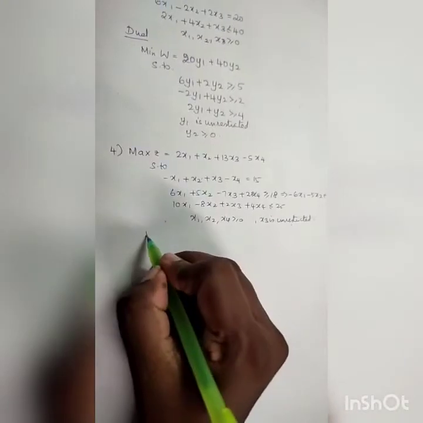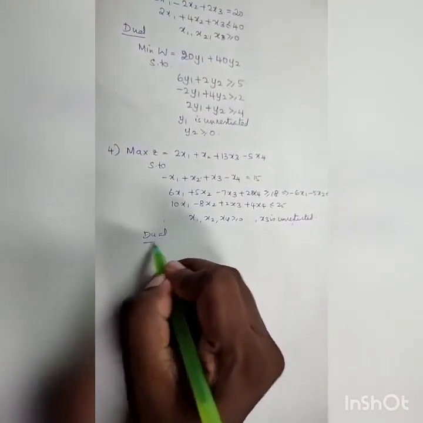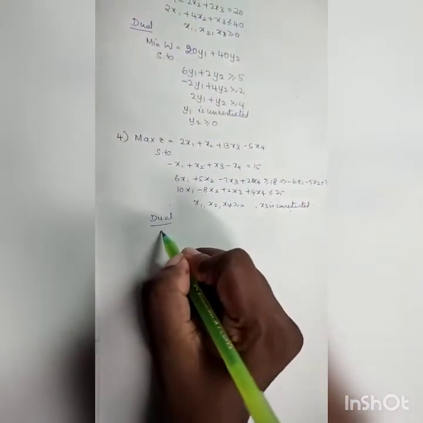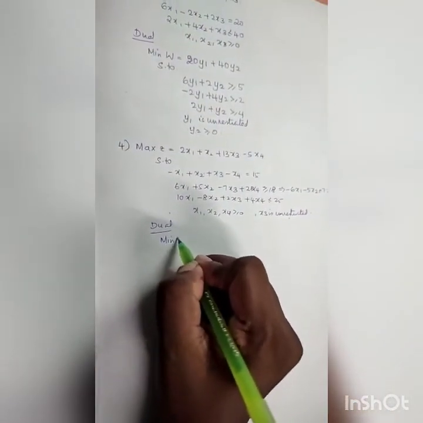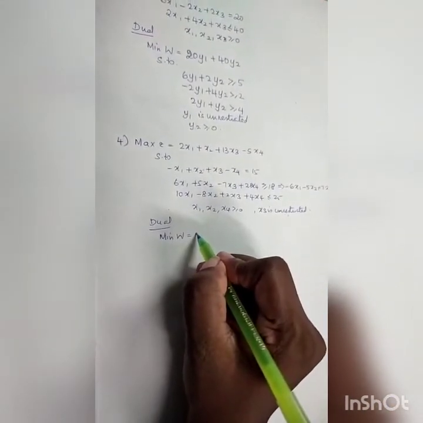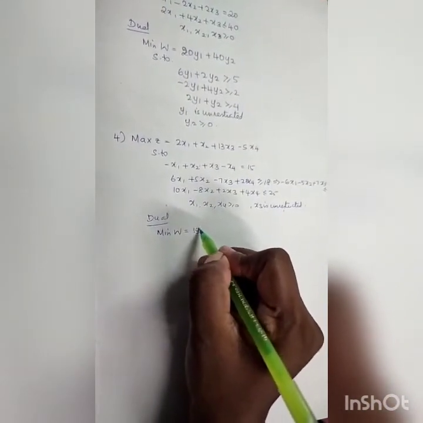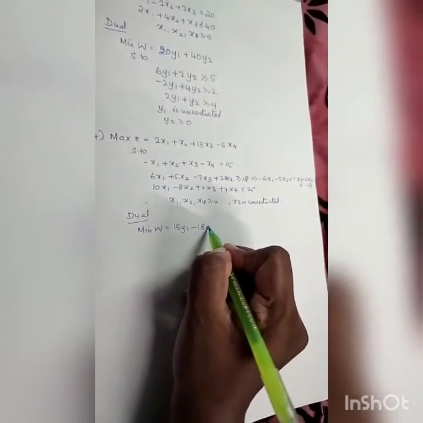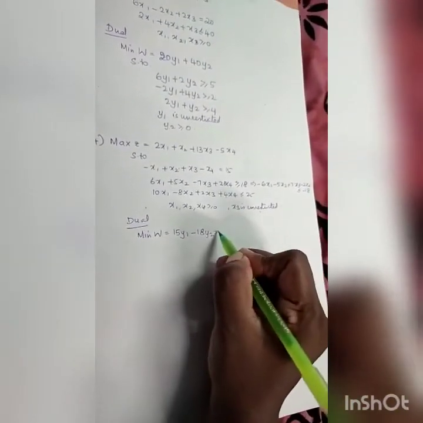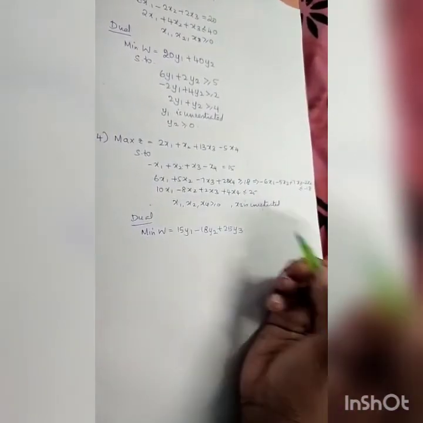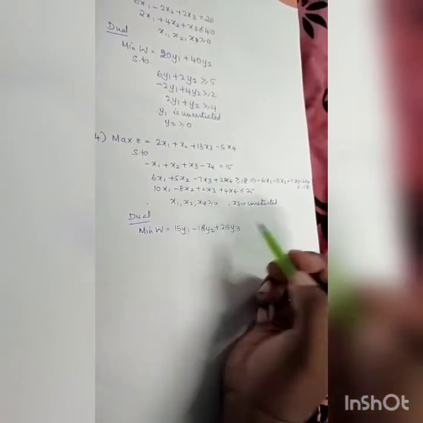So now I'm going to find the dual for this. The dual is again, as usual, min. I'll have 15y1 minus 18y2 plus 25y3. 1, 2, 3 constraints.